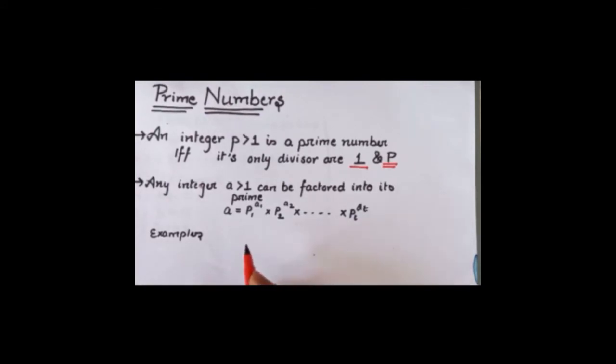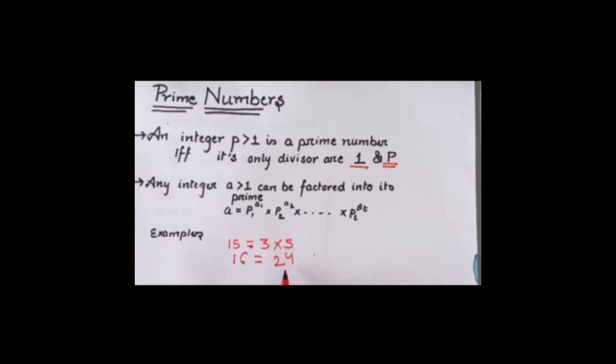Pick up any integer, for example 15. Can you divide 15 into its prime factors? 3 into 5. 3 is a prime number, 5 is a prime number, right? When you multiply 3 into 5, you get 15. Now 16: 2 to the power 4, 2 into 2 into 2 into 2. That is 16, right? So 2 is a prime number.